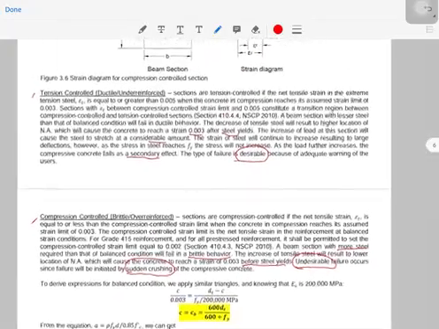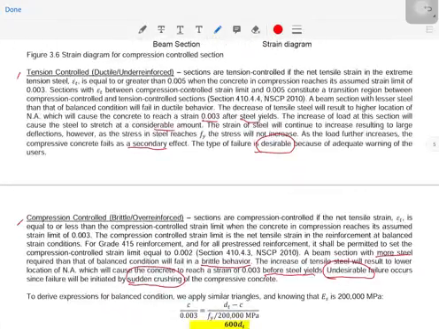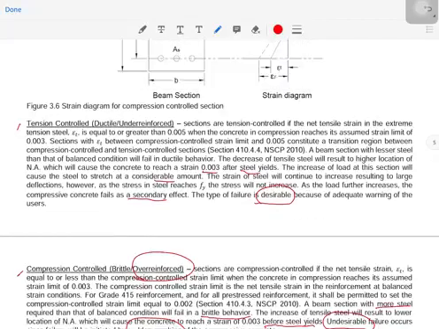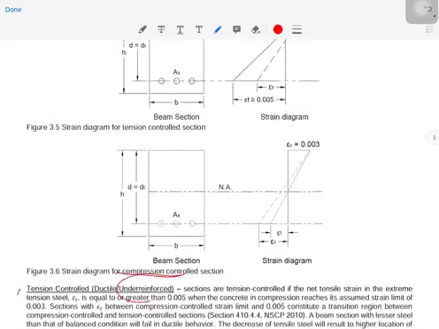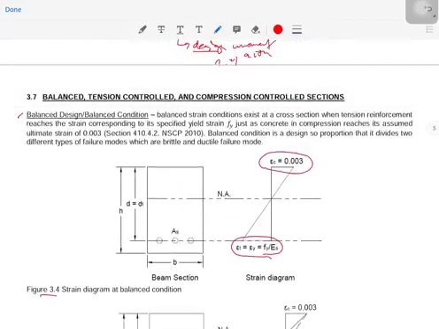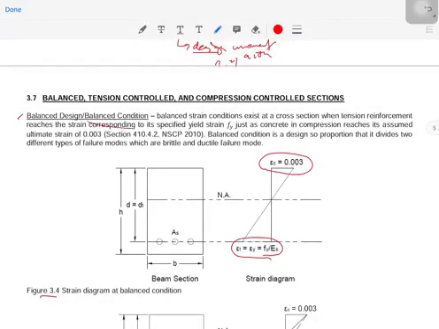Okay, so normally, guys, tension control, compression control, and balance condition are the new terms that were used in design. So I think in NSCP 2001, they used the words over reinforced, under reinforced, and also balance, which were not changed.